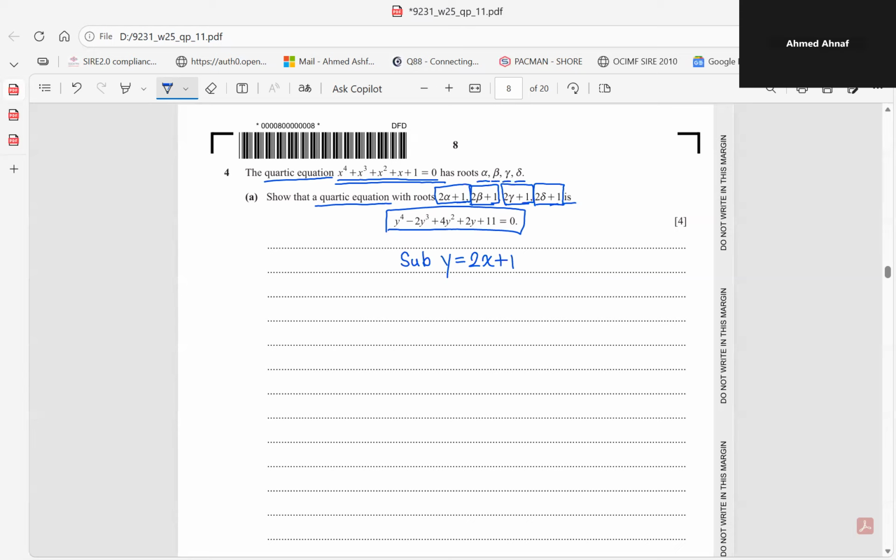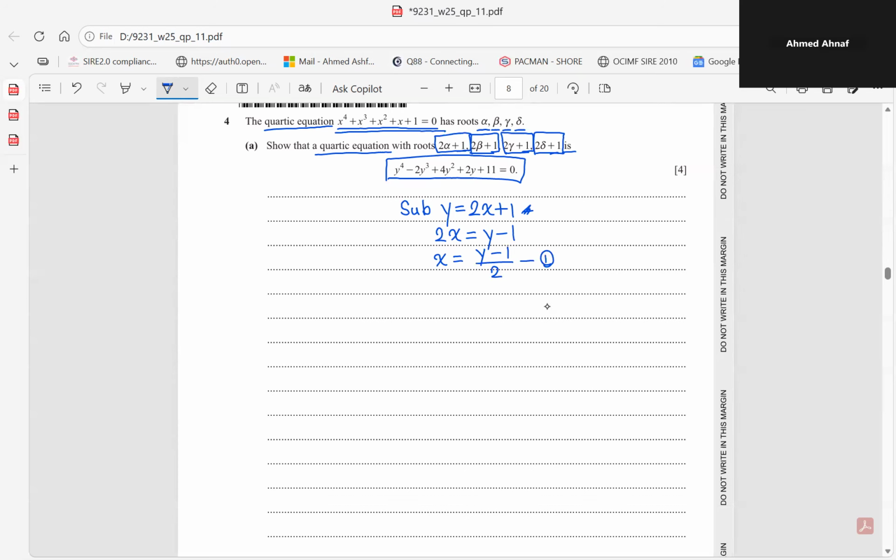So the first step is to make this substitution. Before we make the substitution, you have to make x the subject. So you have 2x equals y minus 1, and x would just be y minus 1 over 2. So this is the substitution. Now just substitute into your quartic equation.